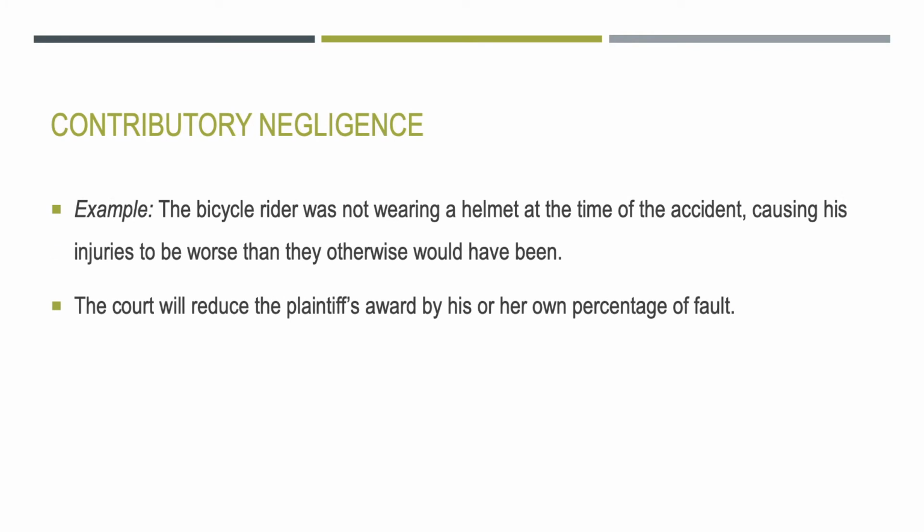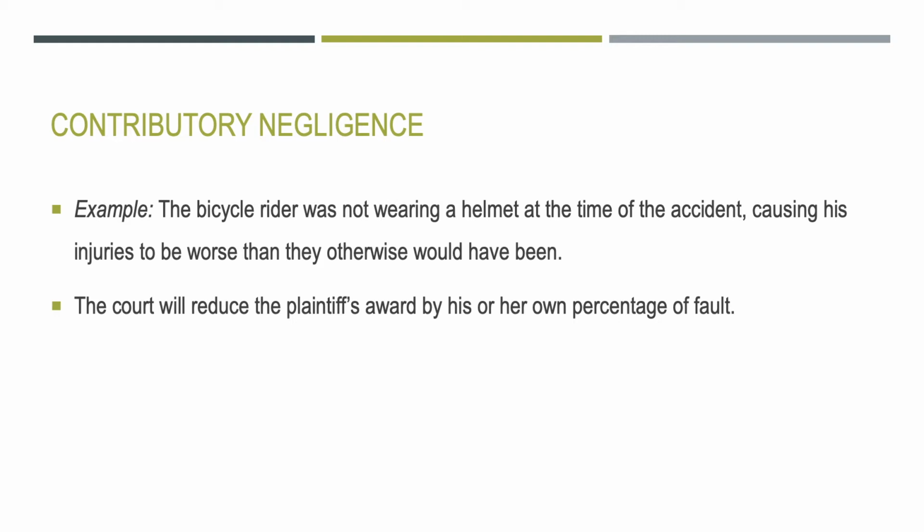So here's another example. The bicycle rider was not wearing a helmet at the time of the accident, causing injuries to be worse than they otherwise would have been. So if this bicycle rider were hit by a motorist, maybe they were negligent, the fact that the bicycle rider was not wearing a helmet and therefore the injuries were worse would indicate that they were contributory negligent.